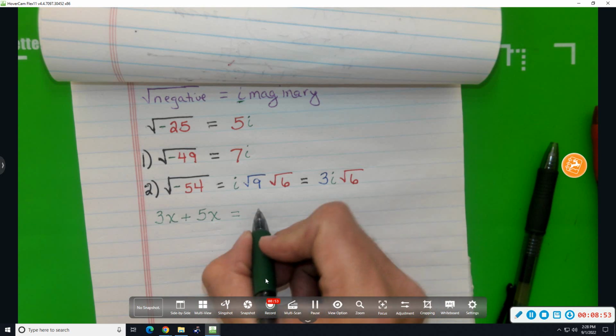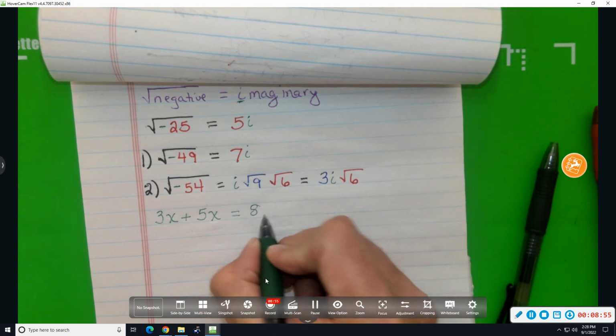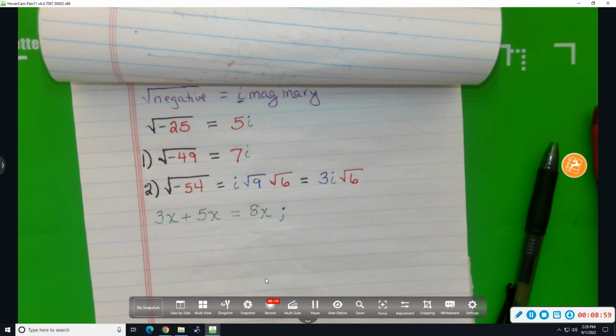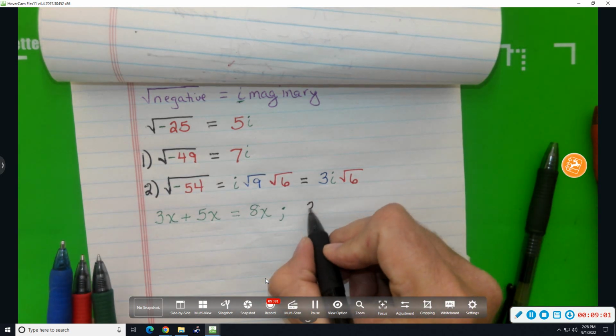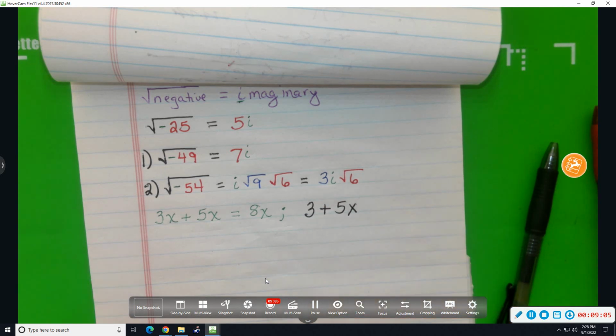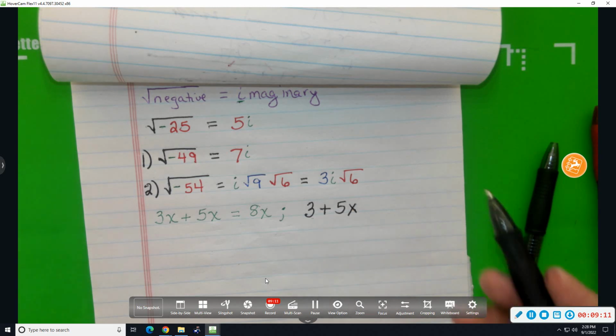You would say it was 8x. But what if you had something like this? 3 plus 5x. Could I combine the 3 and the 5 then? No. So it will be 5x plus 3. Yeah, you could write it as 5x plus 3.